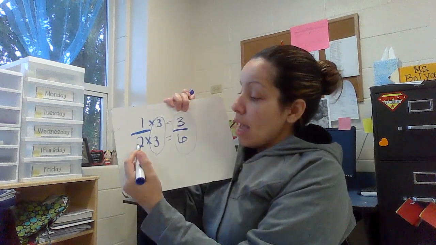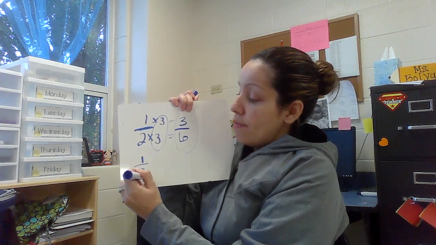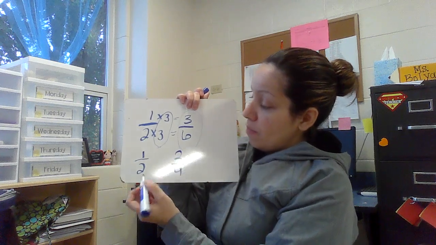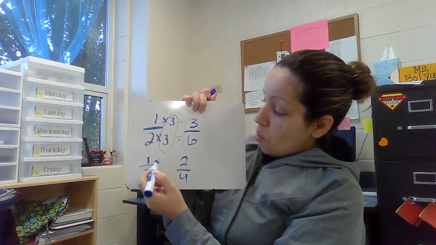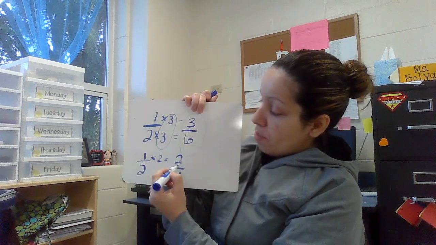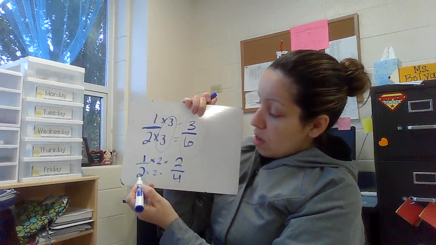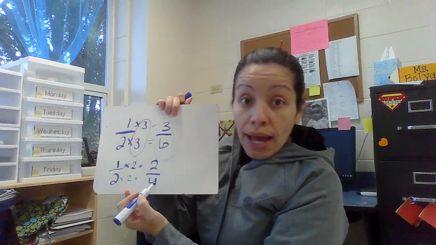So can I check again and see if that's true? I can have 1/2 is equal to 2/4. Well, if I multiply 1 times 2, that would give me 2. So that means I need to multiply by 2. 2 times 2 equals 4. So yeah, it is right.